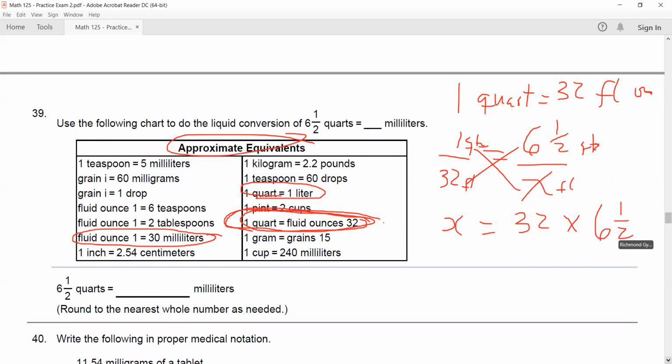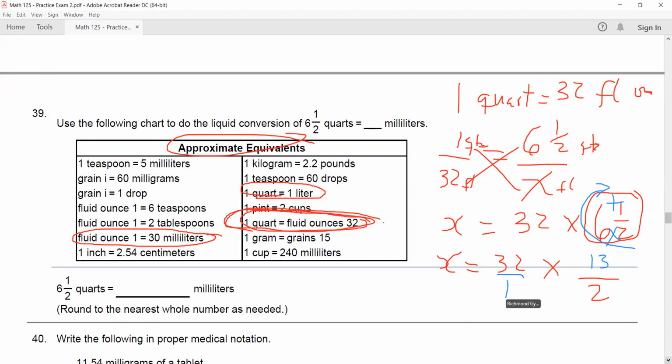At this point, to multiply this, I've got to change this mixed number or mixed fraction to an improper fraction. To do that, the denominator is going to stay the same. And to get the numerator, you go clockwise. 2 times 6 plus 1. 2 times 6 is 12 plus 1 is 13. So I have 13 over 2. And 32 on my left is 32 over 1, right?